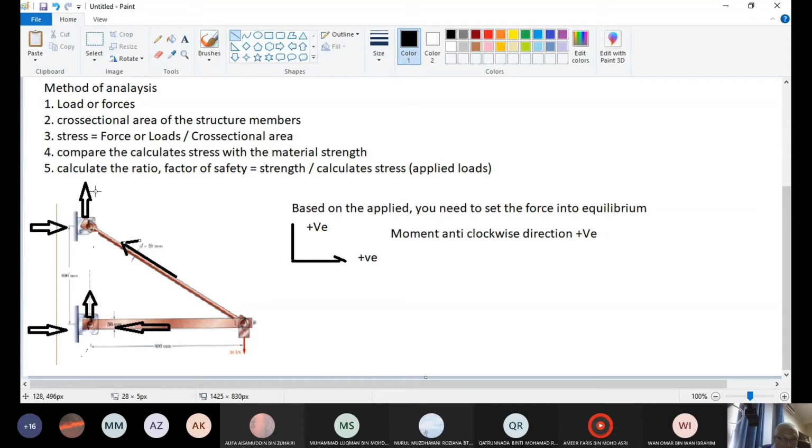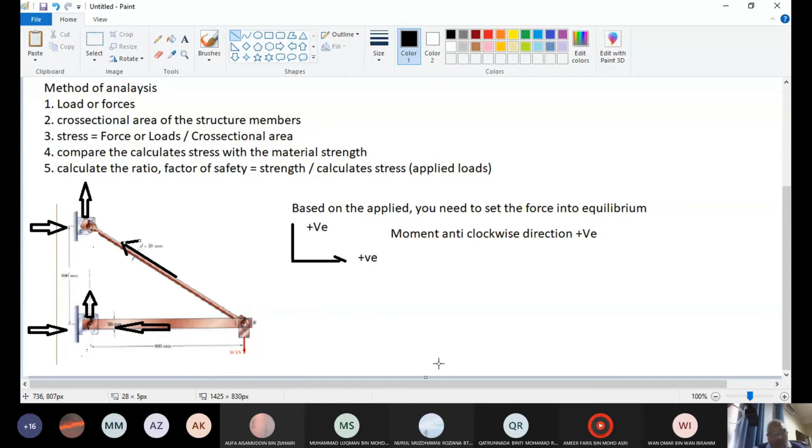As we apply this 30 kilonewton, there's an opposing force to the left and an opposing force in the other direction. Can you follow?